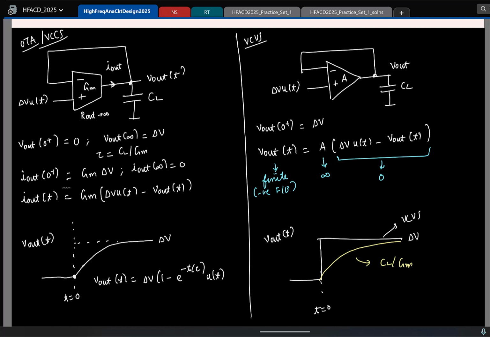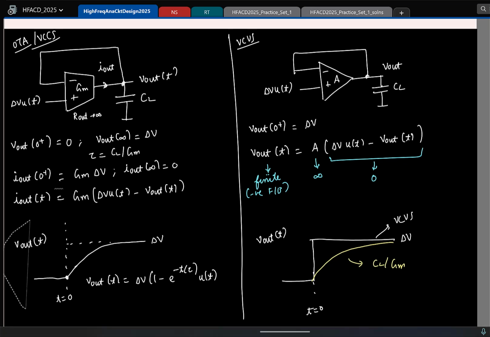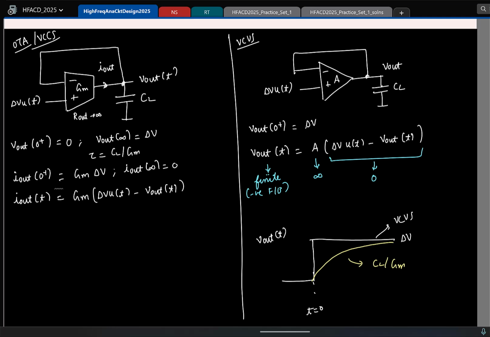To elaborate on this a bit more, let me copy this. I'll erase the waveforms.